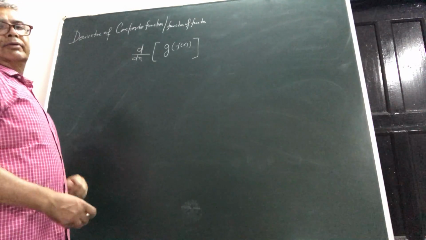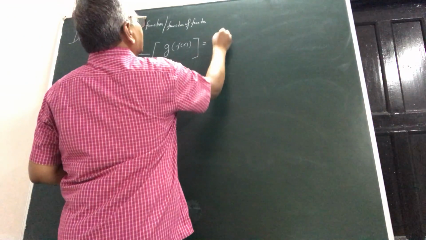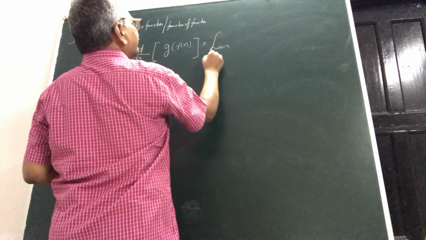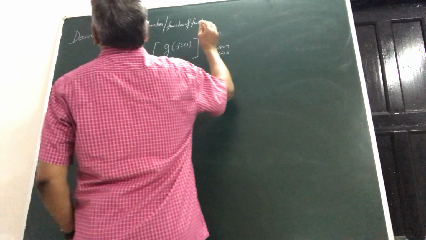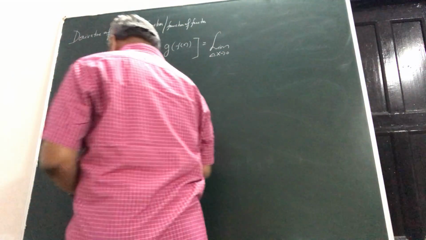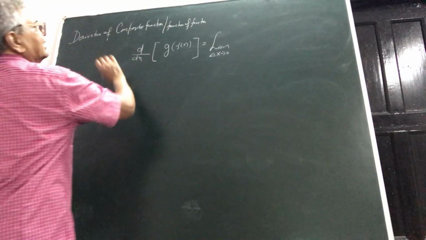So what will it be? Very simple. It will be the limit from the fundamental definition, Δx tends to 0. But before you write this, you write what is given.